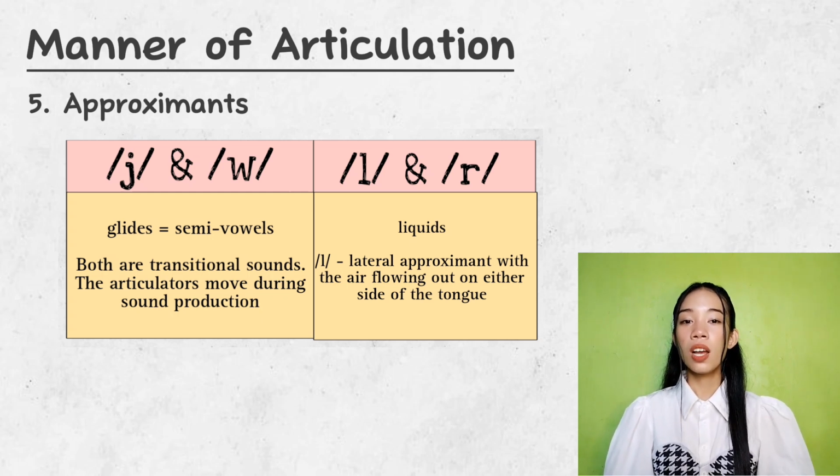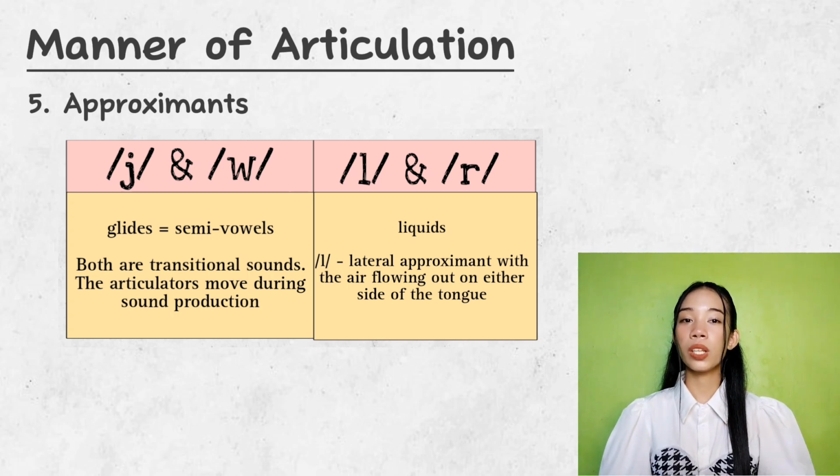So l is also called a lateral, or a lateral approximant. And here, if you just form the sound, you can see the tip of the tongue is touching the alveolar ridge. And the air flows on either side of the tongue out of the mouth. And so that is really what we call a lateral. But it's still an approximant because the opening is quite big and we hear a sound, but we don't hear the air friction. And r is sometimes also called rolled tongue.